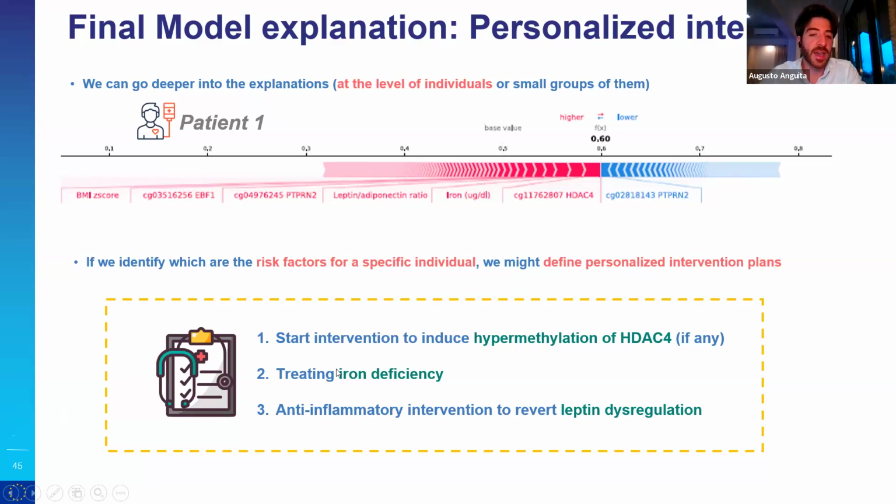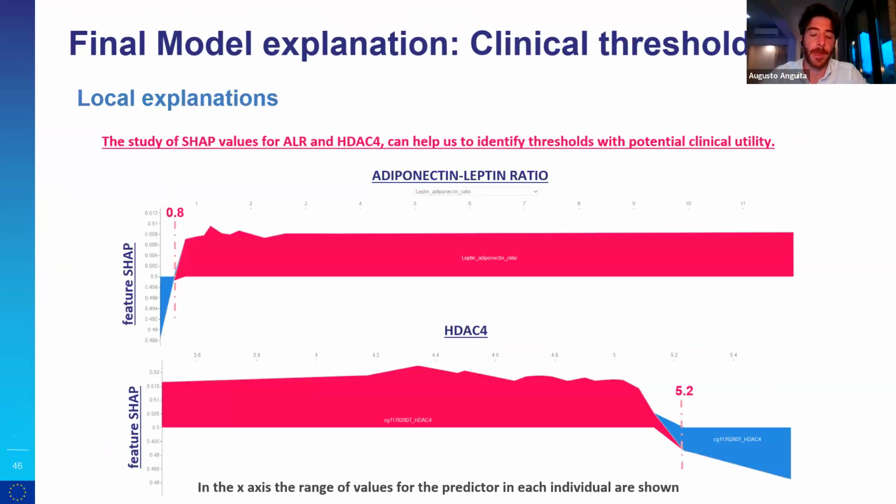We could treat the iron deficiency this kid is suffering, and we could also try to fight against the inflammatory status that he may have, probably due to the leptin-adiponectin dysregulation. So this is very nice from the clinical point of view.